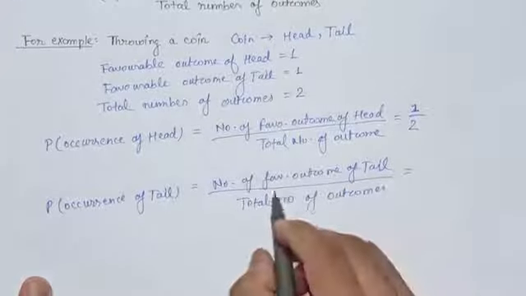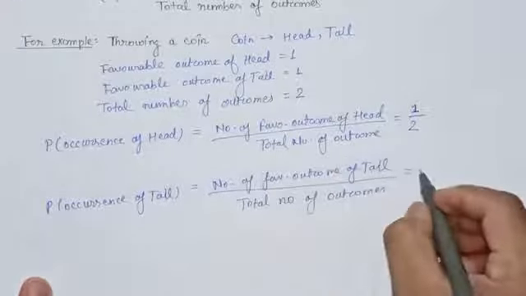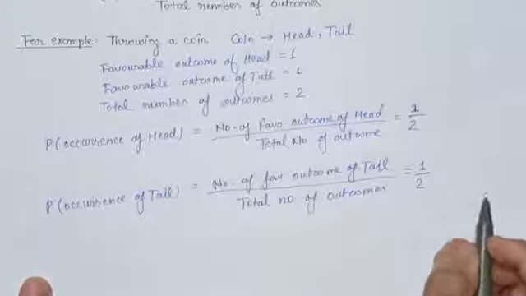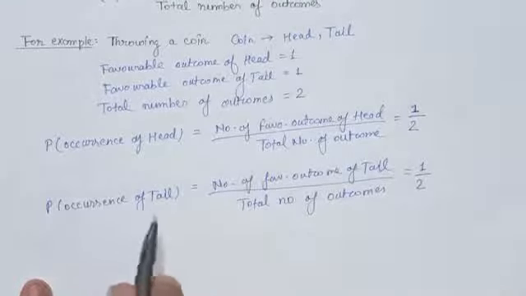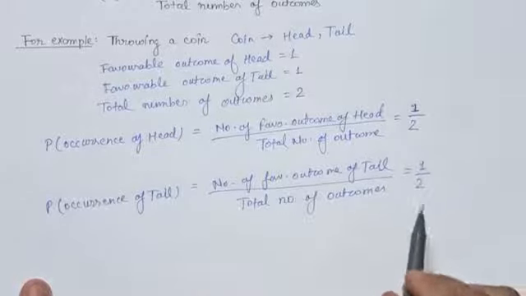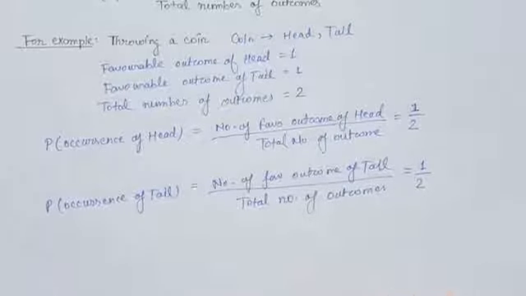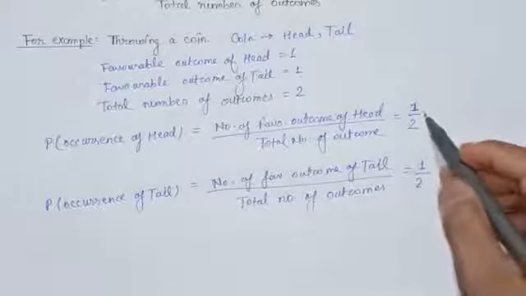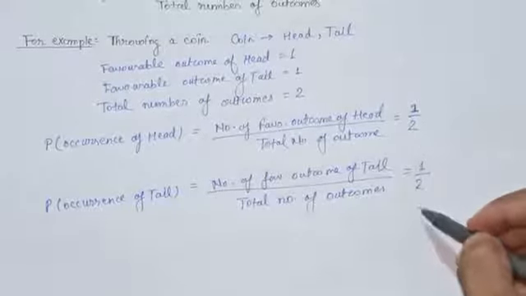So here you know that the favorable outcome of tail is 1 and the total number of outcome is 2. So again, the probability of occurrence of tail is also 1 by 2. That is, we can say when we throw a coin, then the probability of occurrence of either head or tail is equal, that is 1 by 2 and 1 by 2.